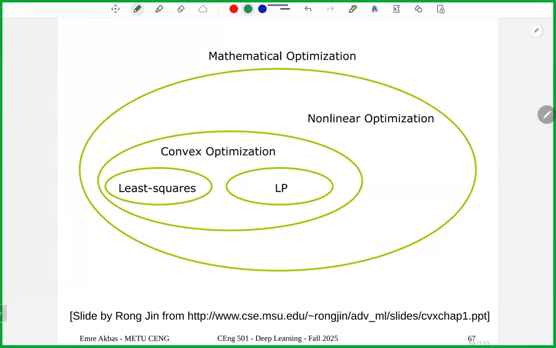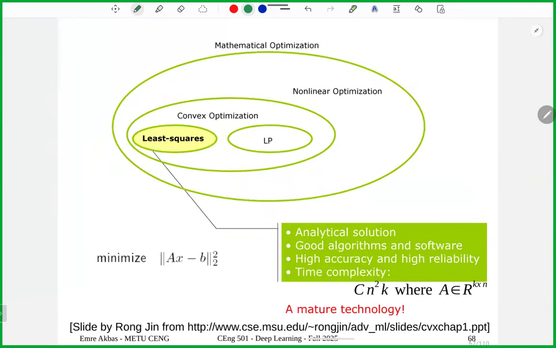and linear programming. Least squares, as you know, is this optimization problem: you minimize the norm of Ax minus b. It's a well-known problem with lots of applications in engineering and science. We can find an analytical solution to it, which is very nice. There's just a formula, you evaluate it, and you find the solution.